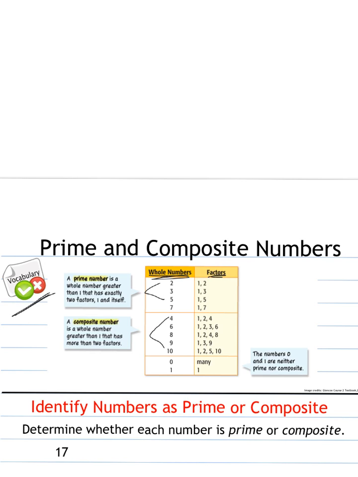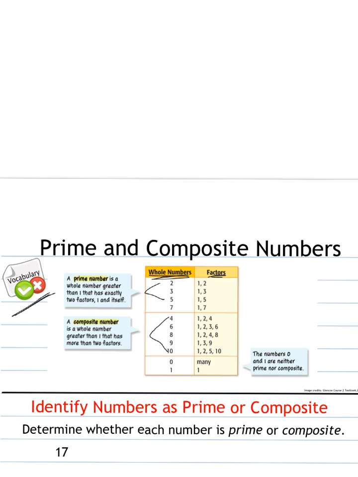Now composite numbers are whole numbers that are greater than 1 that have more than 2 factors. So here are some examples: 4, 6, 8, 9, 10. For example, 8, we could multiply 1 and 8 together. We can multiply 4 and 2 together. So it has more factors than just 1 and itself.